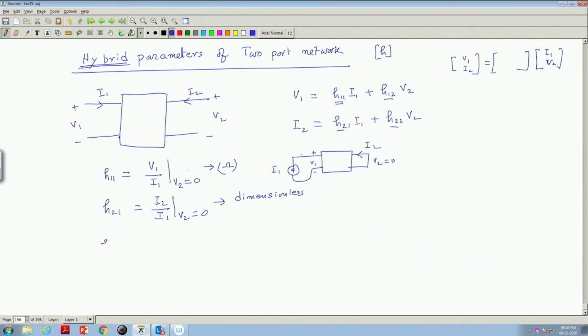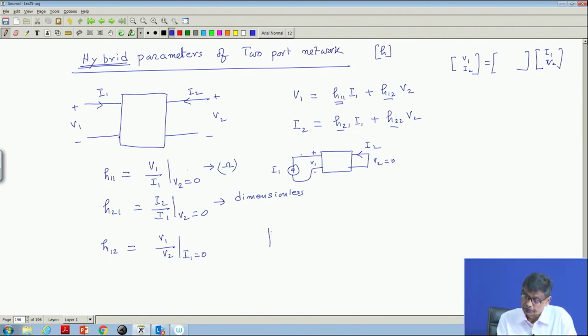What is H12? H12 will be equal to V1 by V2 with I1 equal to 0. Isn't it? If you make I1 equal to 0, then V1 by V2. So, what experiment do you have to do?